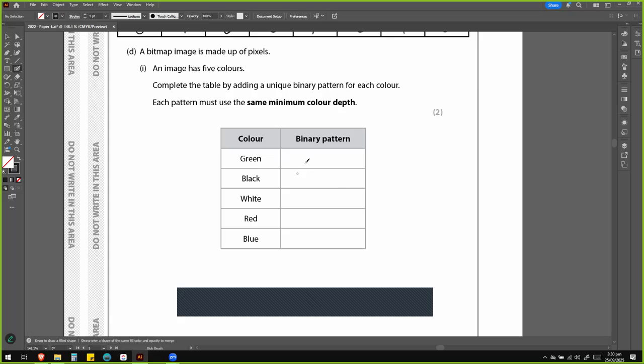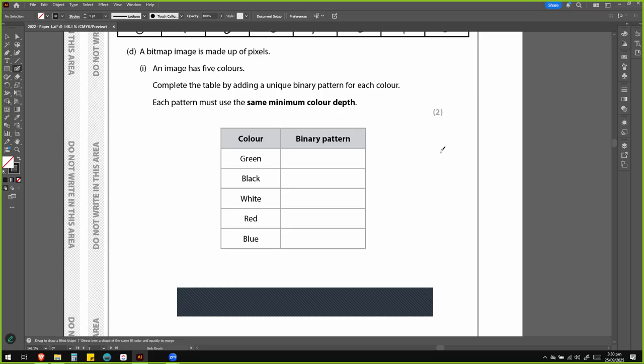Okay, guys, welcome back. So how you have to solve this question is pretty simple. It says we have 5 colors. So we basically have to represent 5 things with a pattern of binary numbers. And we know we just have 0 and 1 inside of binary to represent a number, right?